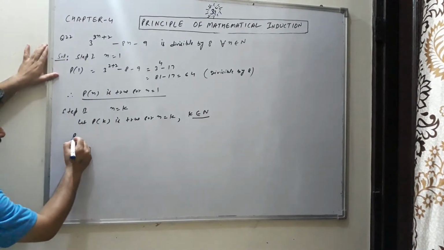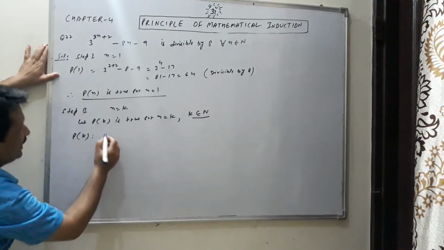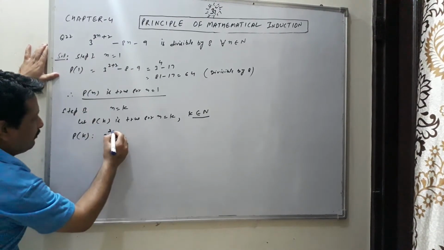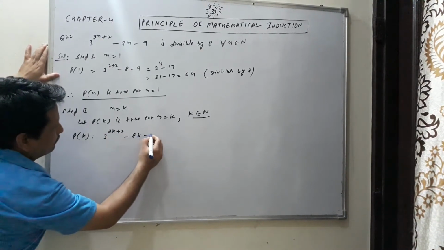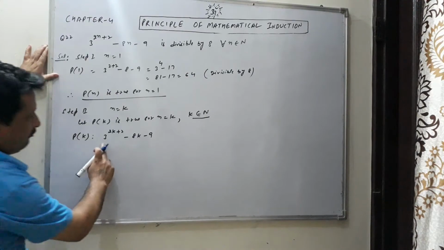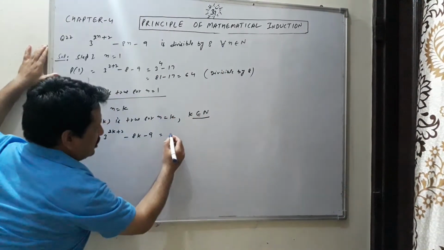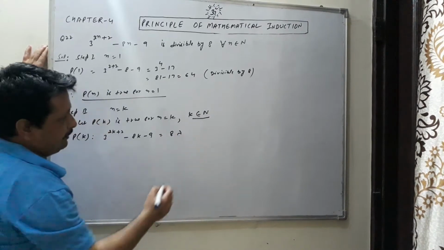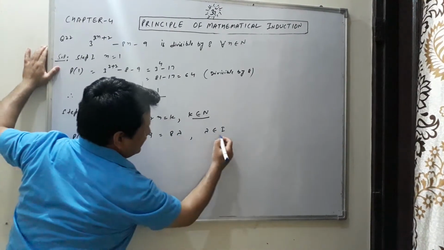So what can we say? P(k), that is, in place of n we write k: 3^(2k+2) - 8k - 9. Because it is divisible by 8, we let this be equal to 8 lambda, where lambda is any integer, students.